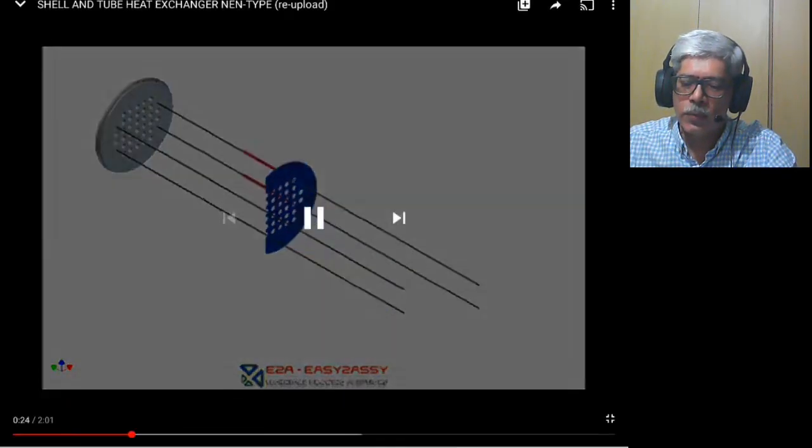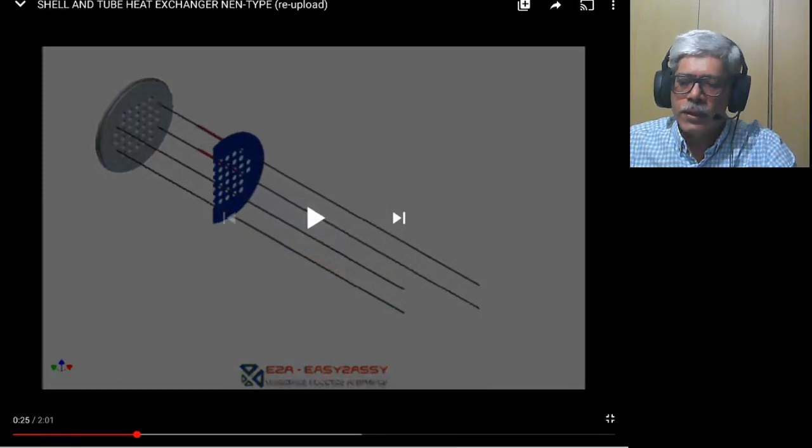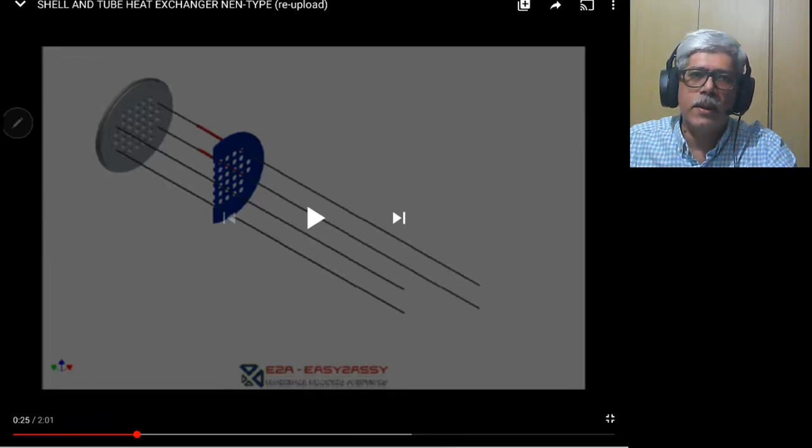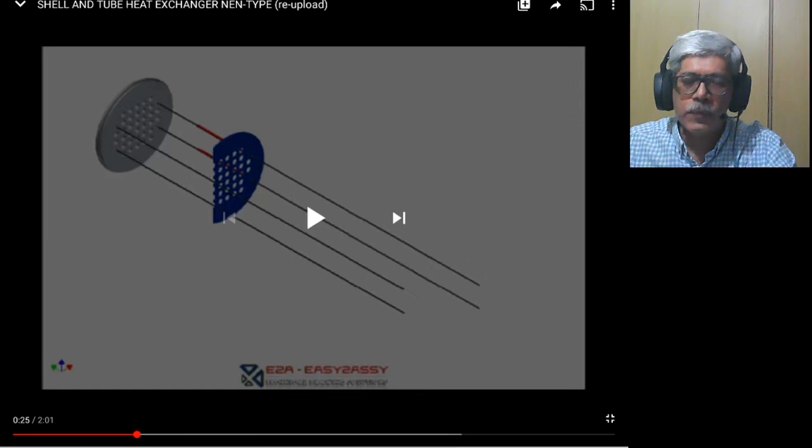Onto the tube sheet, first you attach the straight lines that you see in this figure, known as the tie rods. The tie rods are first attached to the tube sheet, and then the baffles are inserted one after another. The type of baffle which you see here is known as a cut baffle. Towards the end of this session, we will see more details about the baffles.